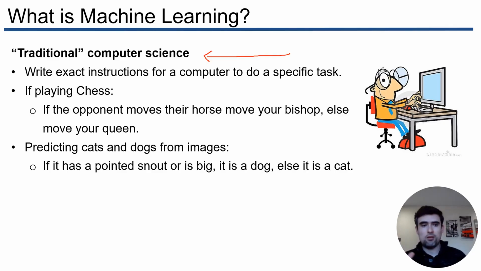I'm obviously going to do many oversimplifications, but the big picture idea is, for example, if you wanted a computer to learn how to play chess, you would hard code different instructions into the computer. The one that I have here is, for example, given a board configuration, the computer would know that if the opponent moves the horse to some position, then you would move the bishop to protect yourself.